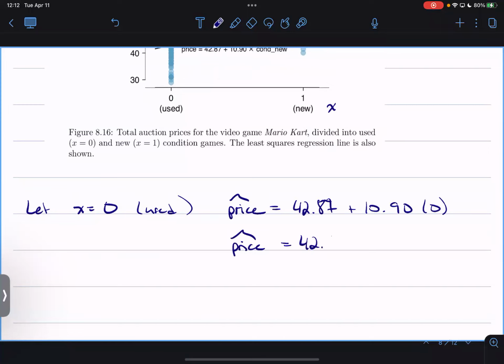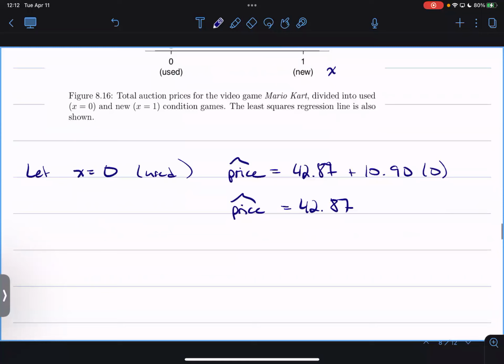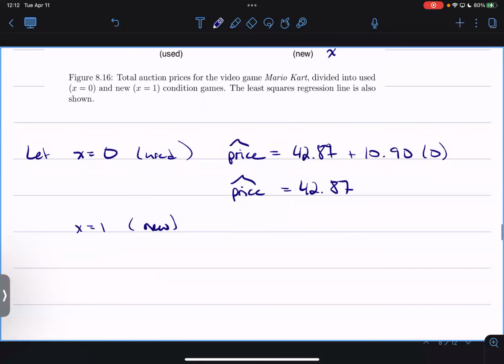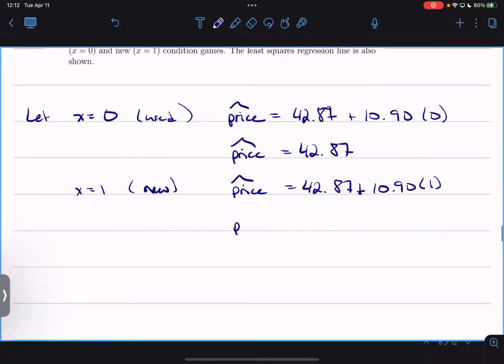So 42.87. And if I let X be 1, then it's new. Then the predicted price is 42.87 plus 10.90 times 1. So the predicted price is 53.77.